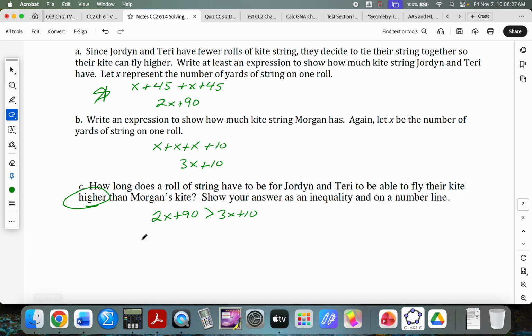All right. So to check what we're going to do, let's remove 2x from both sides. So we're going to take away 2 rolls of strings from each of them. That's fair.